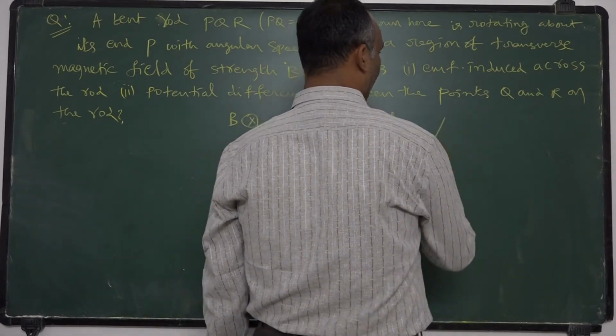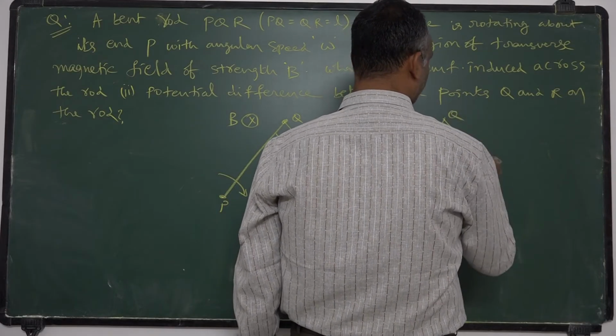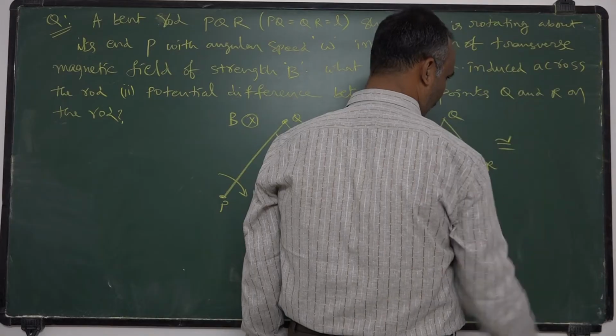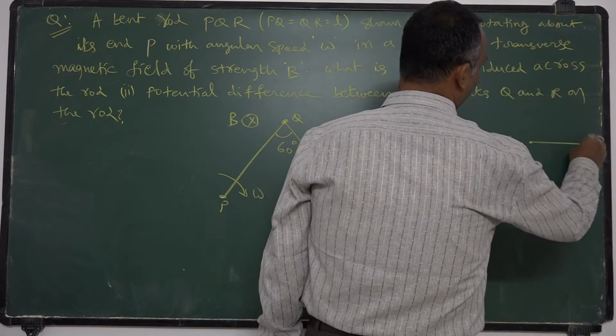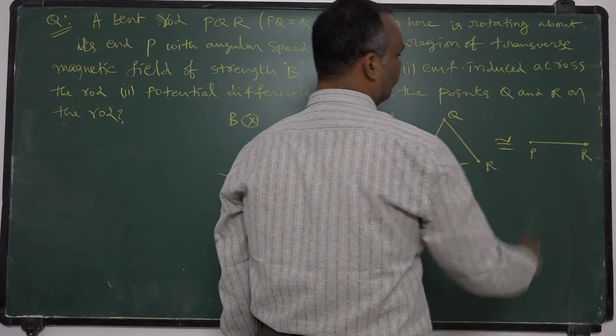This rod PQR is identical with PR, because this is the effective length.